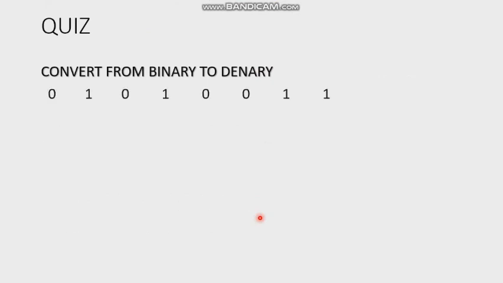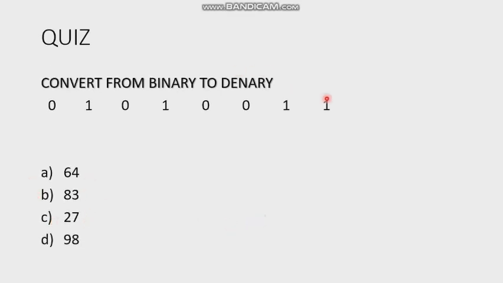I'm giving you a minute to do it. So here are the possible answers. This is a binary number and you have to convert it to denary. Okay, are you guys almost done? Are you guys done? Yes, ma'am.